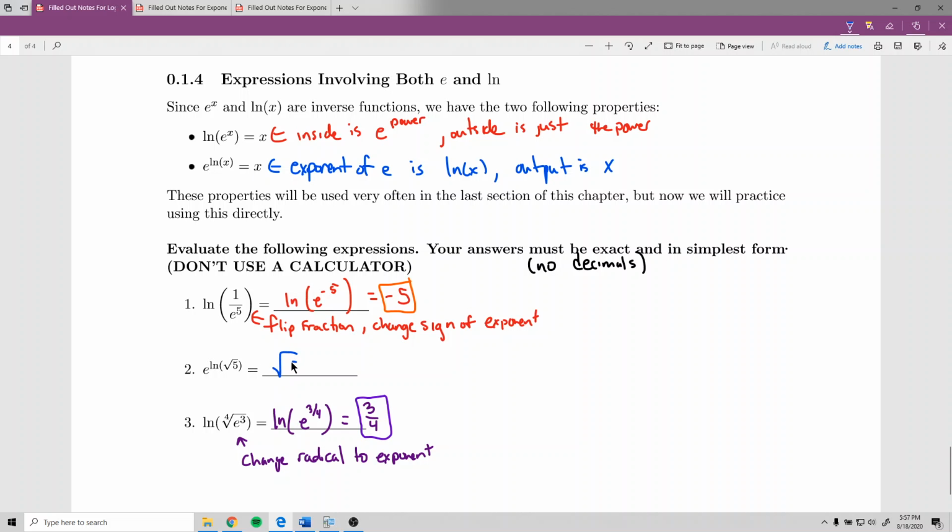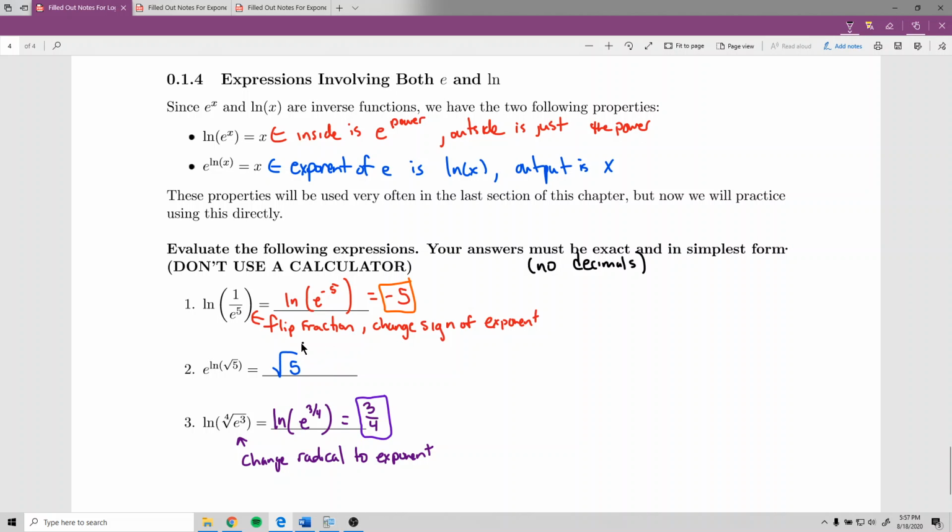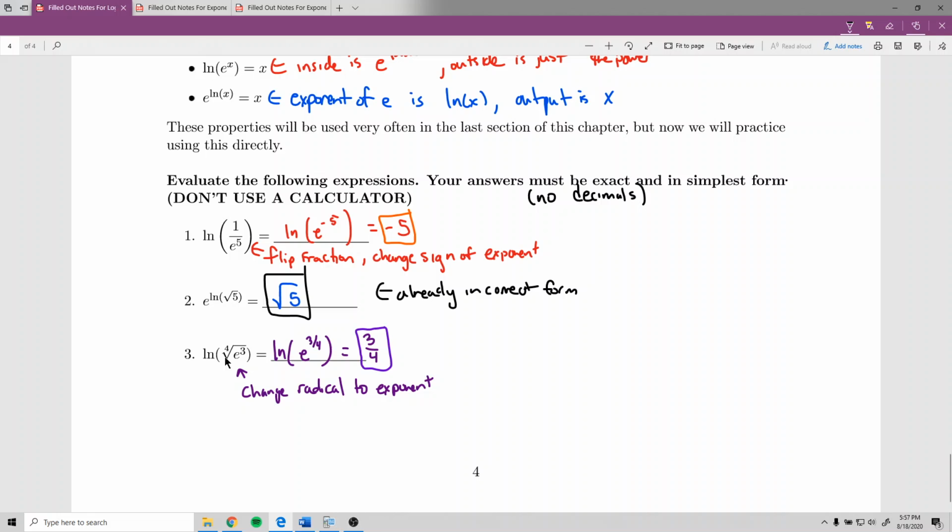The output is that square root of 5, and that's all there is to it. Nothing extra to do there. You don't have to rearrange it because it's already in the correct form. But once again, if you type this into the calculator, square root of 5 is not a nice number, and it won't accept that decimal. Right. This is really the log properties that we need to learn for this class.